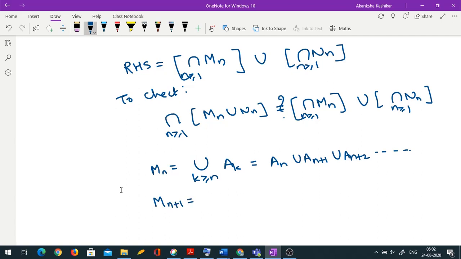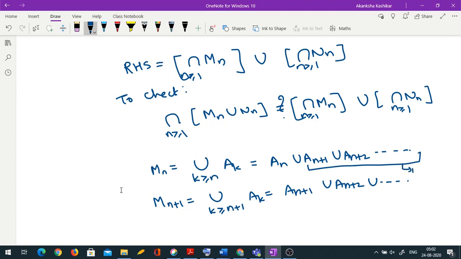Similarly, Mn plus 1 is the union over k greater than or equal to n plus 1 of Ak. So it is An plus 1 union An plus 2 and so on. So basically this part becomes Mn plus 1. So what I have is Mn is An union Mn plus 1.